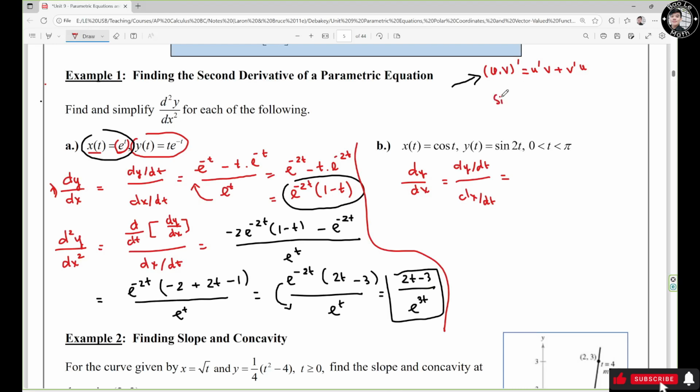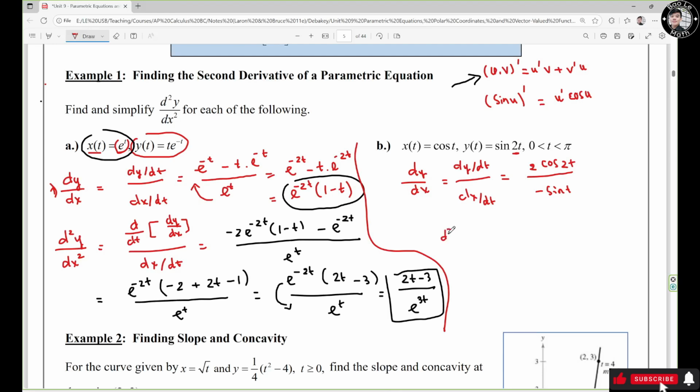You're going to use the chain rule: it's u prime times cosine u, where u in this situation is 2t. So it becomes 2 cosine 2t, over ds over dt, which means negative sine t.